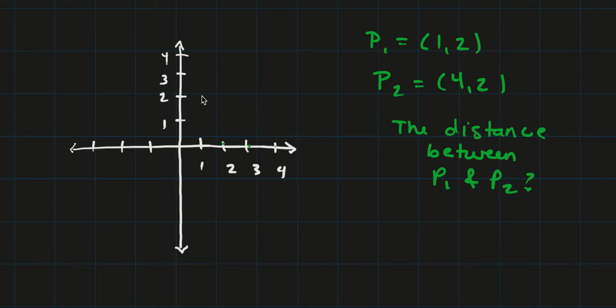So (1, 2) is the point right here, and (4, 2) is right here. You can see that you could make a straight line between them, and it would be exactly the same idea. It's the number of steps you would have to take to go from this point to the other point. You just need to take 3 steps. So it's the same thing, it's equal to 3.